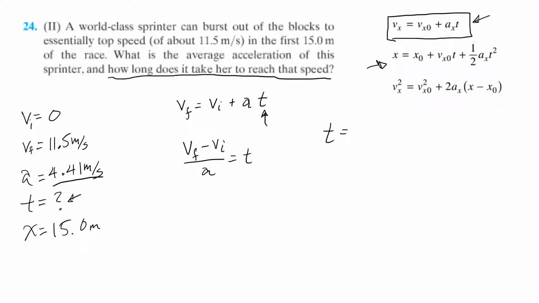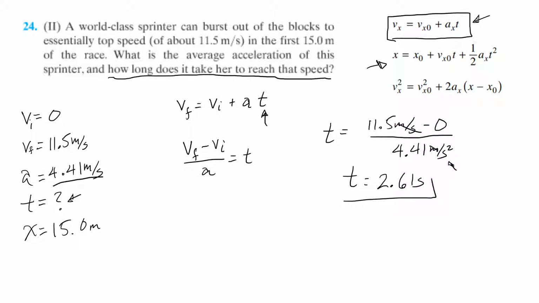Our time is going to be 11.5 meters per second minus 0 divided by 4.41 meters per second squared, right? So this unit cancels out. The only thing left is a second. So our time is going to be 2.61 seconds.